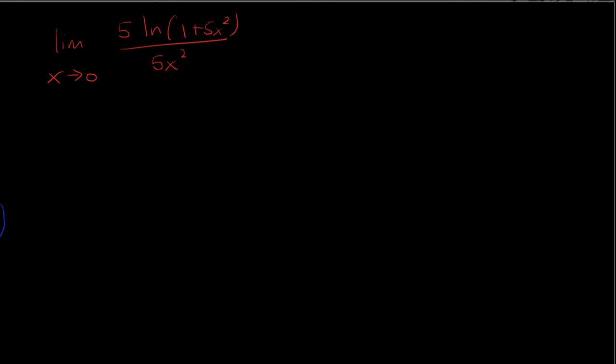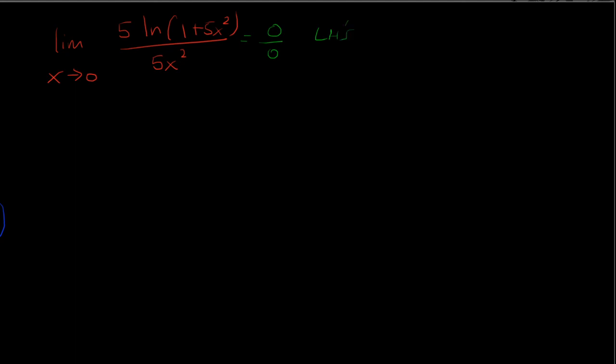And really, I guess I could factor out the 5 on the bottom, but whatever. Let's see. So if I plug in 0, I get natural log of 1, which is 0, and then 0. So I get 0 over 0. Okay. So I have to use L'Hopital's rule.